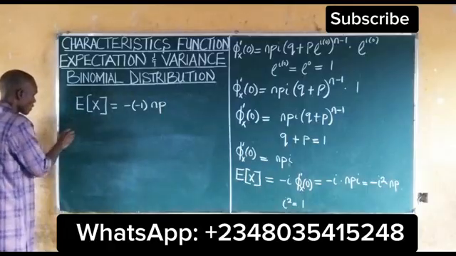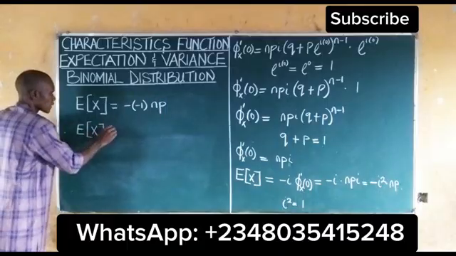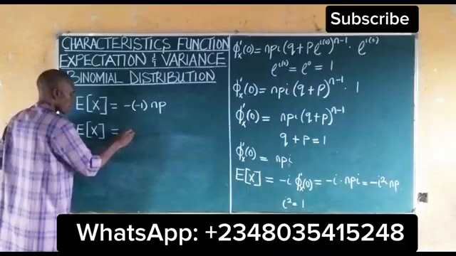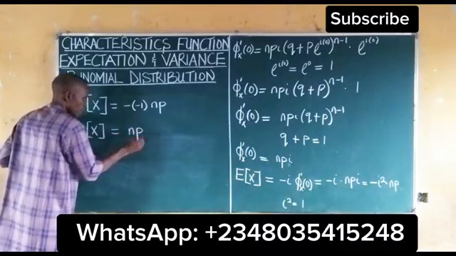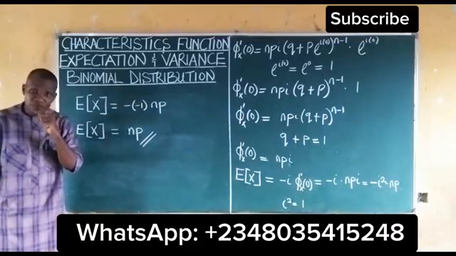Therefore, our expected value of x is equal to n p. So we have n p as our expected value of x.